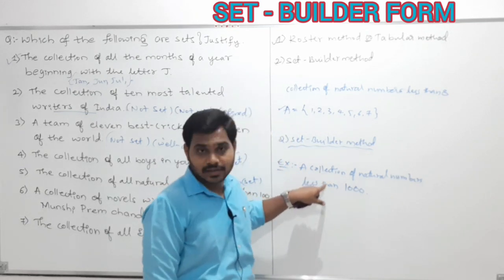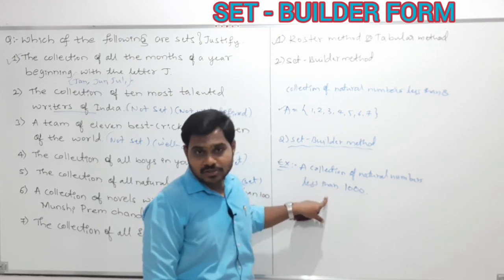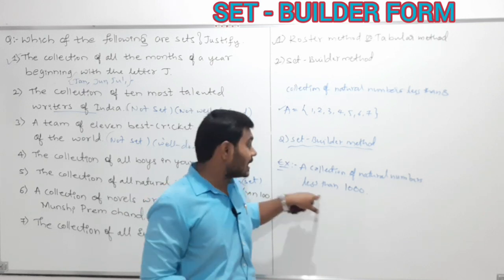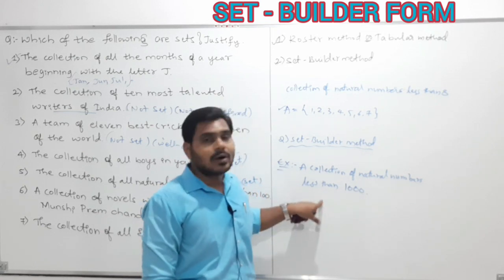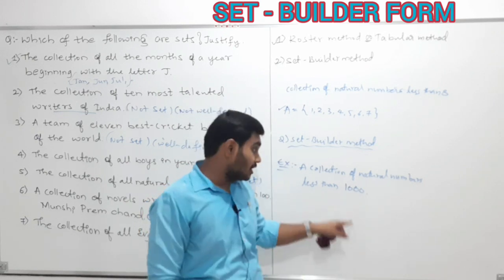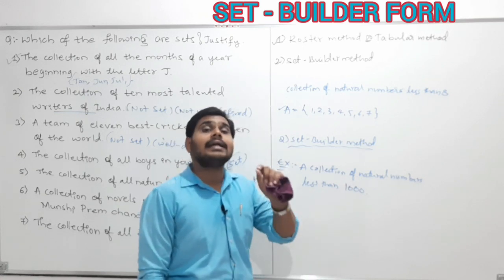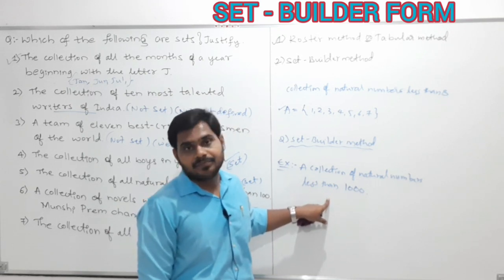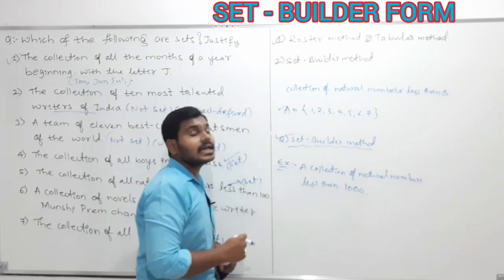Obviously we can, but it takes more time. Every time it's not necessary to write 1, 2, 3 and so on up to 999; 999 numbers we should write. So it will be tedious. Clear? For that reason, in such cases we will use the set builder method.